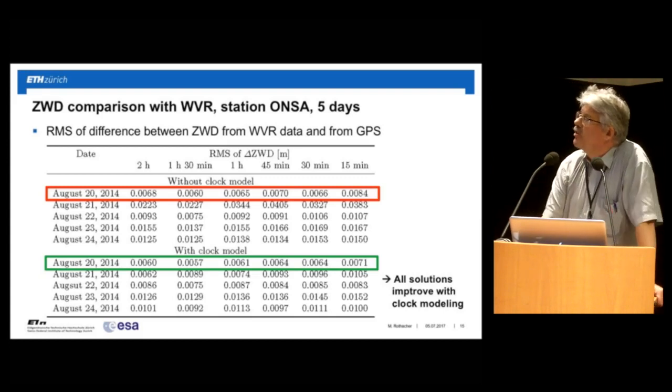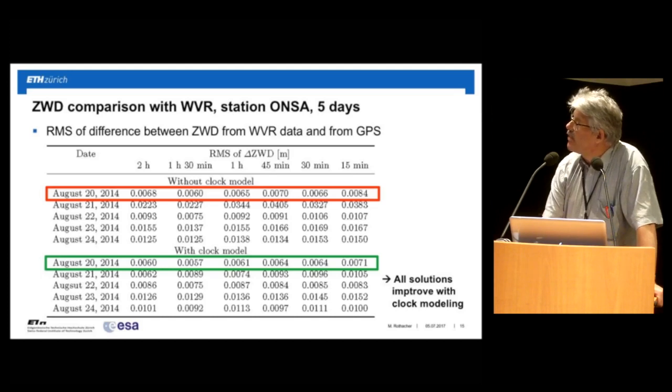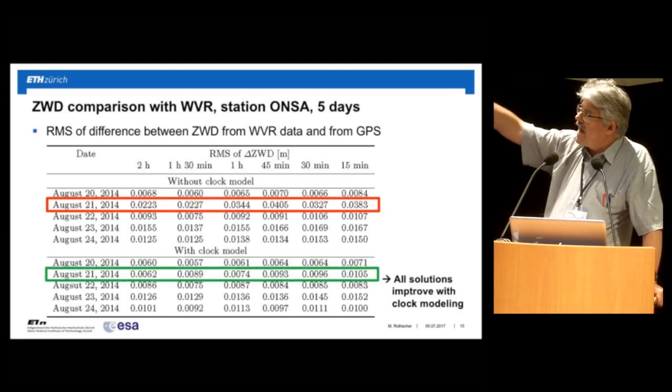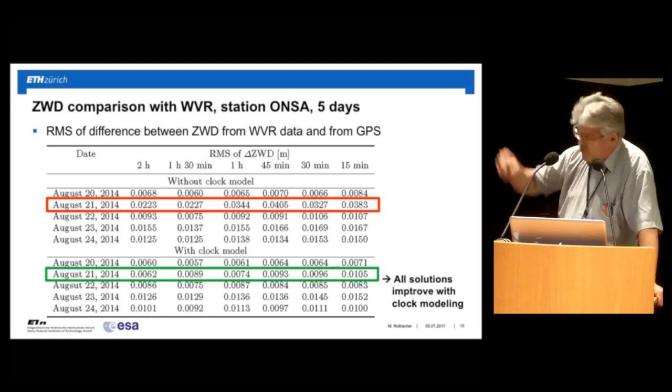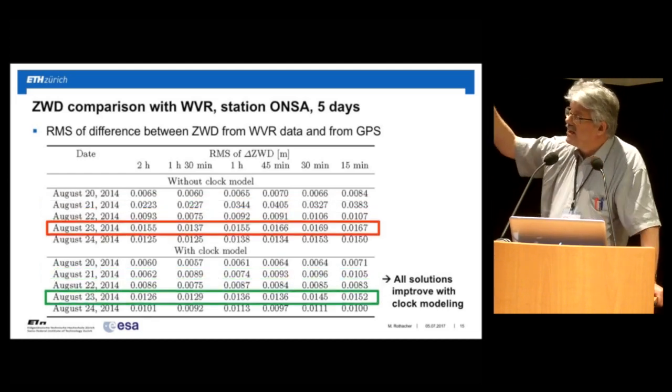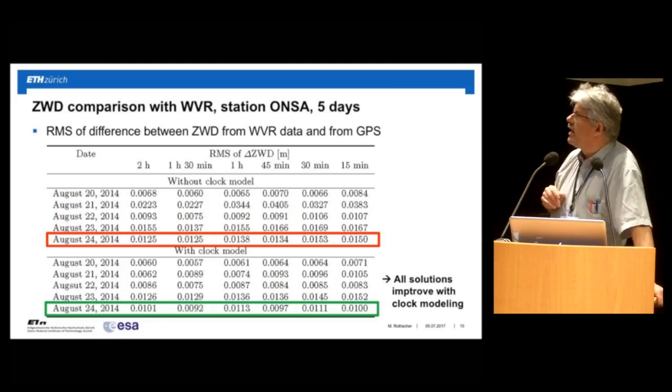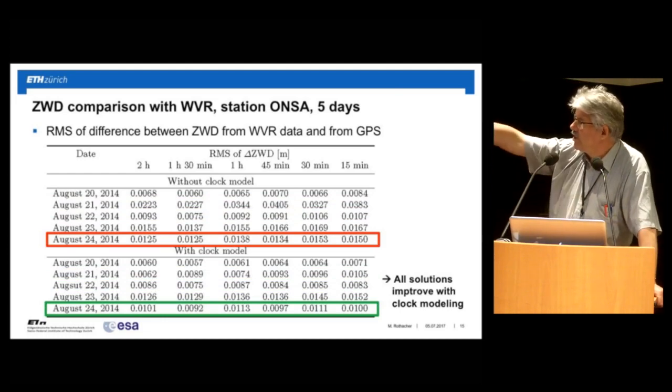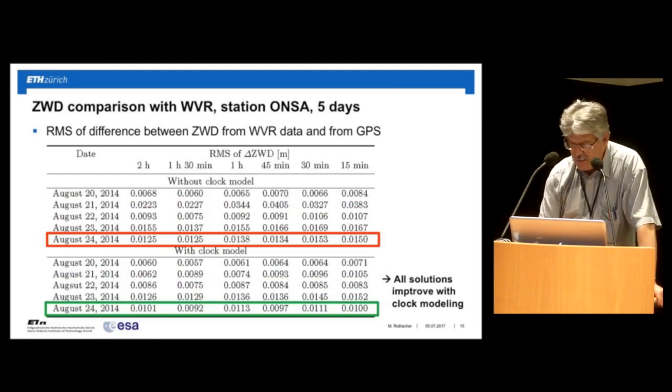And you see that for all these values, we have an improvement in the comparison of the water vapor data with the GPS estimates. And the improvement in general gets better if we go to higher resolutions. This is quite a dramatic case, but more or less all these cases, every line is improved compared to no clock modeling. You see it also here, 50%, from 1.5 centimeters down to 1 centimeter.